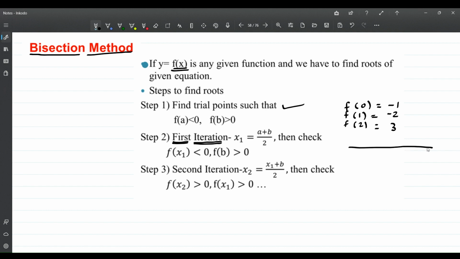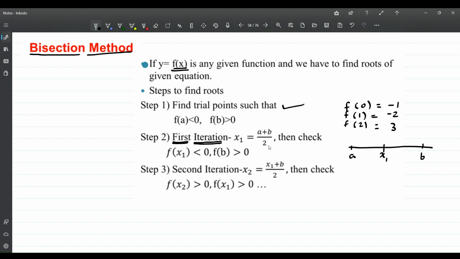If this is our line, and a and b are our two trial points, then x1 is the midpoint, because it divides the line into two equal parts. Therefore the midpoint is calculated as a plus b divided by 2.